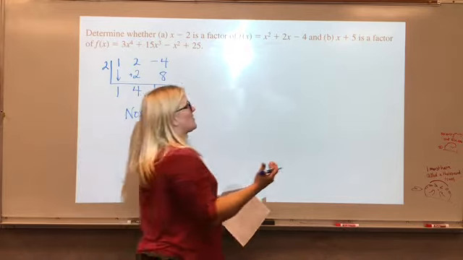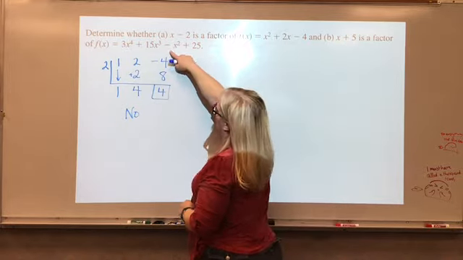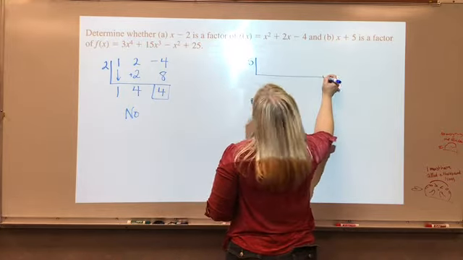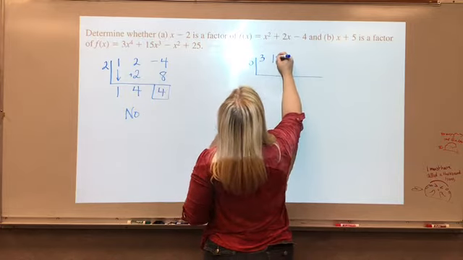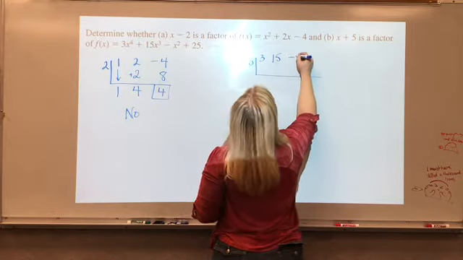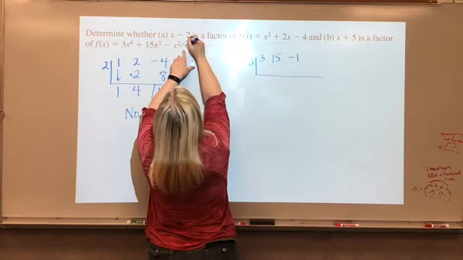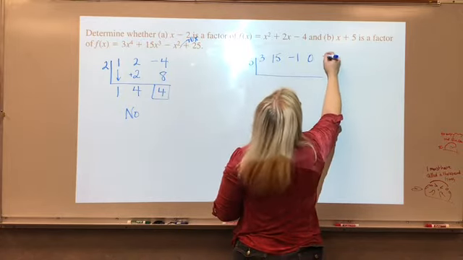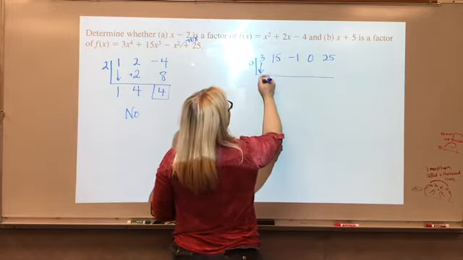So let's look at this other one. Is x plus 5 a factor of this polynomial? I'm going to use synthetic division again to find out. So I've got 3, 15, negative 1. You'll notice that I'm missing the x value, so I've got to put a 0 in there, and then 25. Drop the 3.